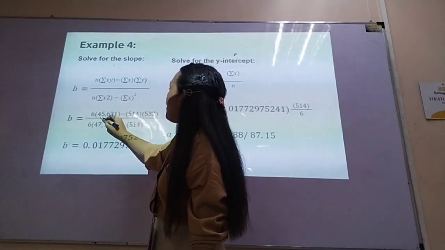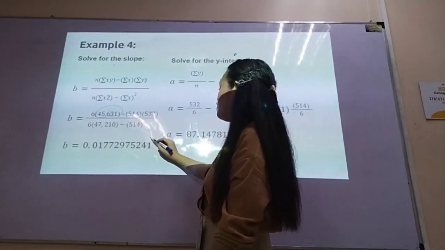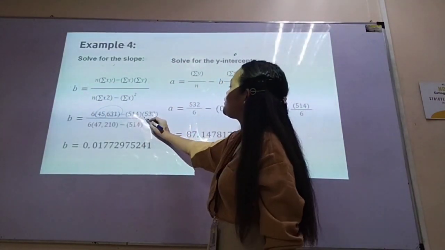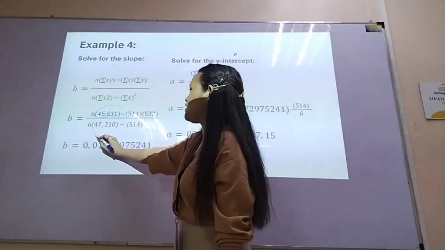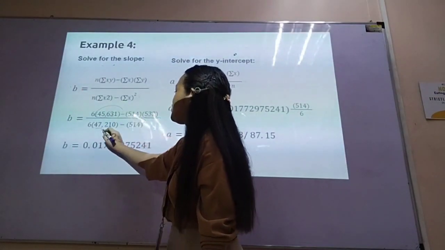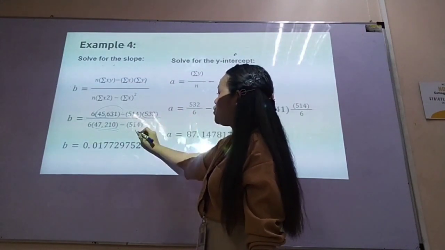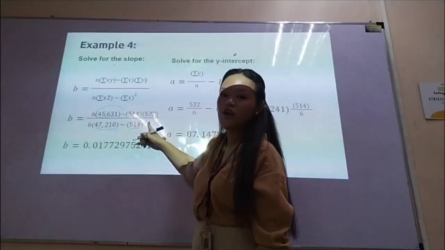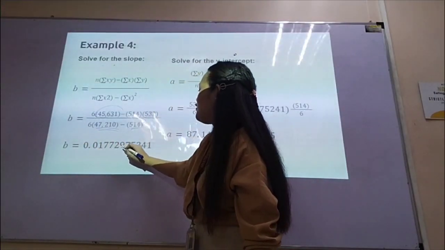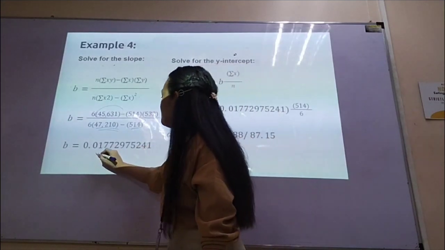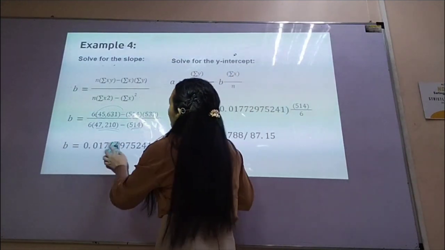And then the summation of xy, which is 45,631, minus the summation of x, which is 514, multiplied by the summation of y, which is 532, over the number of variables, which is 6, multiplied by the summation of x squared, which is 47,210, minus the summation of x to the power of 2, which is 514. So if we're going to solve all of this, we're going to come up with 0.01772975241, or simply 0.02. That is our slope.